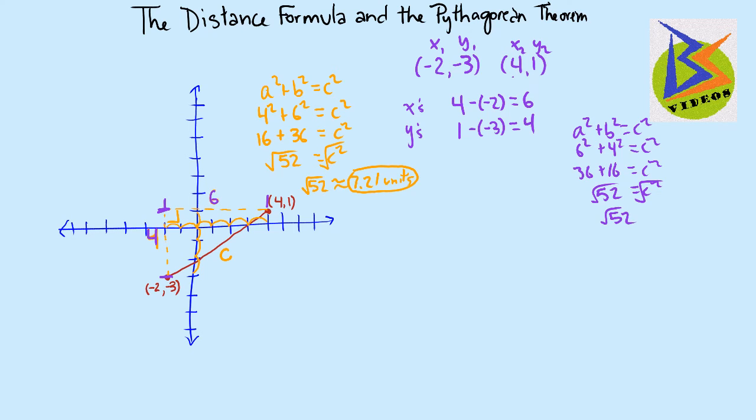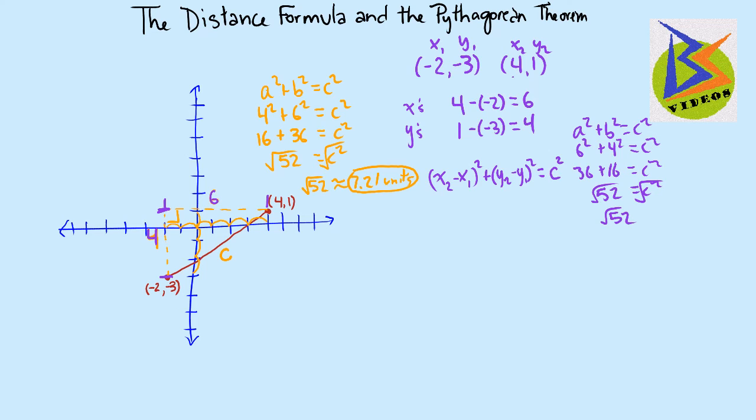So we see that if we find the difference between these and then we square them, that will give us our c squared. So what we can say then is x sub 2 minus x sub 1, if we square that, we can add that to our y sub 2 minus y sub 1, we square that. That gives us our hypotenuse squared.